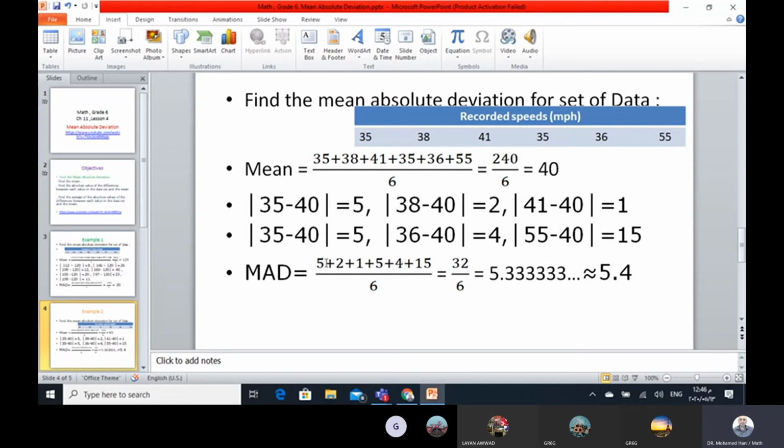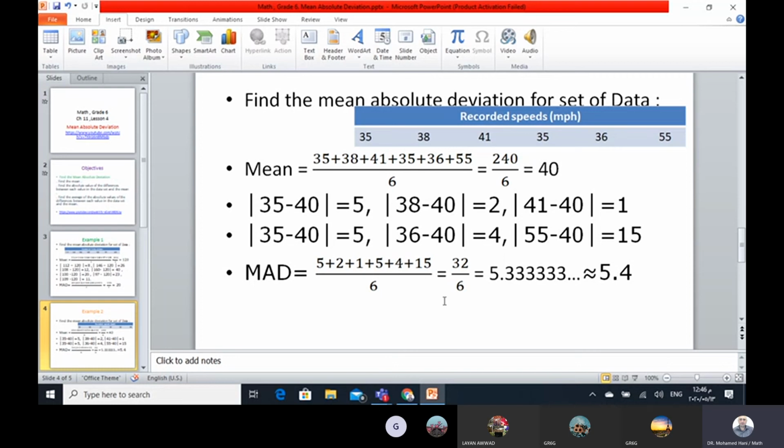The sum will be 32, over 6, which is 5.3333 repeating, or 5.3 with repeating notation. I can round it to 5.4, or to 5, it's up to you, no problem. So it's approximately 5.4.